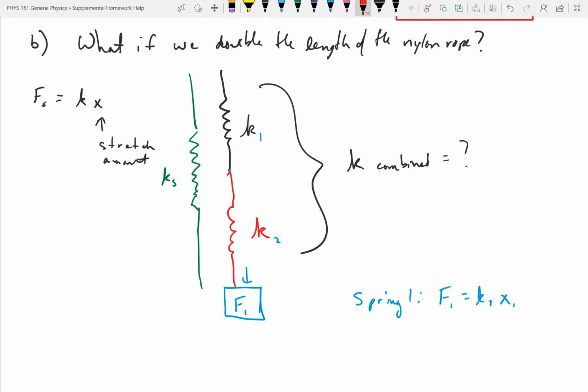And what about spring 2? Spring 2 is still going to have just that same tension on it. And so how much it's going to stretch. I'm only looking at how much it stretches. I'm not worried about what K1 did now. I'm just looking at what happens with K2. And it's going to have the same relationship here, F1 equals K2 X2.